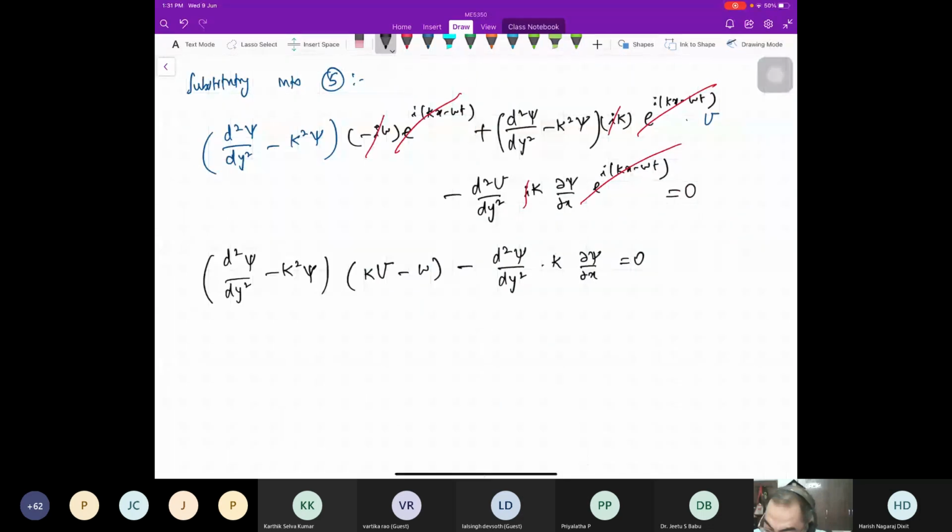And this gives me a simple equation for psi. Let's write this down.